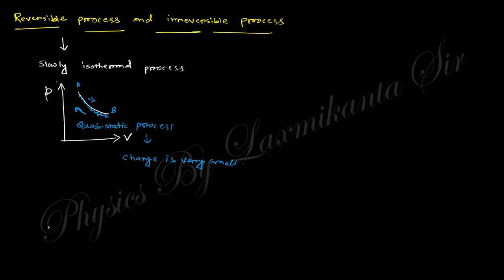You can take another example. When we throw a ball upward against gravity, it comes back to this position. This is a conservative force, and this is also a reversible process.